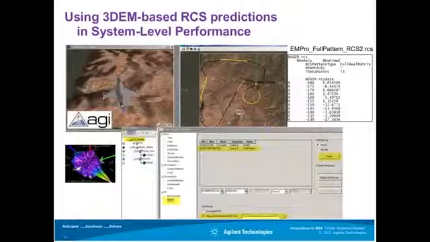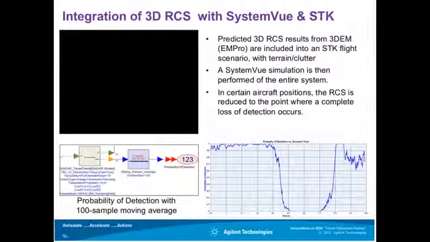And then as the aircraft goes through its logistics in the scenario, you can actually see the effects as it moves through the simulation and see how, as the aspect ratio to the aircraft changes, it affects the probability of detection.